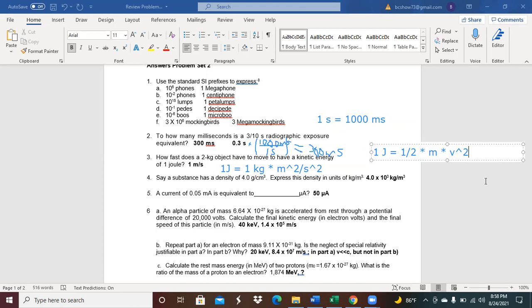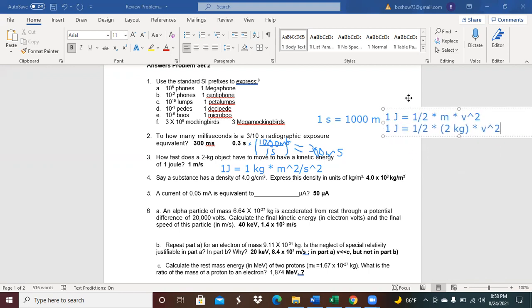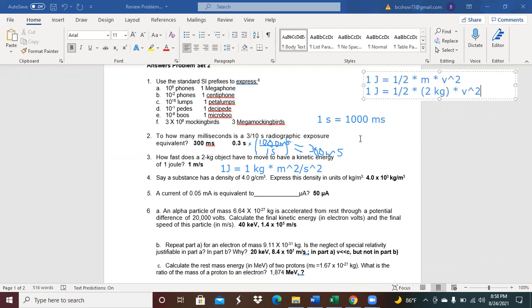So in this particular case, I happen to know that we've got 1 joule is equal to 1/2 times 2 kilograms, because I know that's the mass of the object, times velocity squared. So because I know that, and I'm going to have to move this up here so I can have a little room, the only thing that I don't know in this particular formula is the velocity.